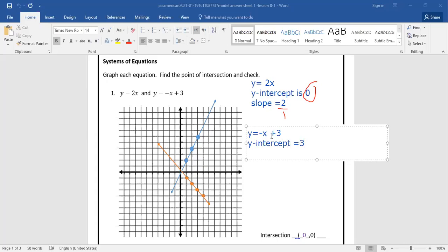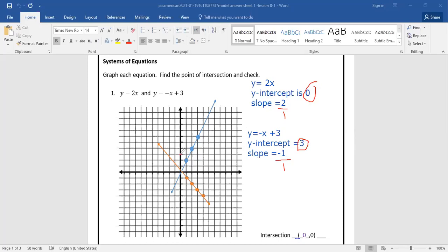And what is the slope? Negative 1. And negative 1 means 1 over 1: one down and 1 to the right. So we will go directly and stand on 3, 0, 1, 2, 3 here.